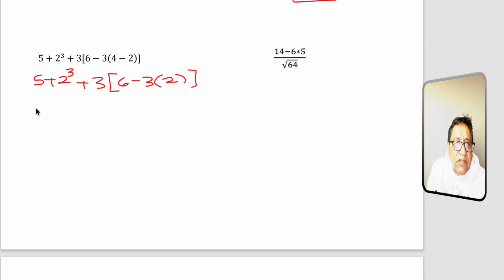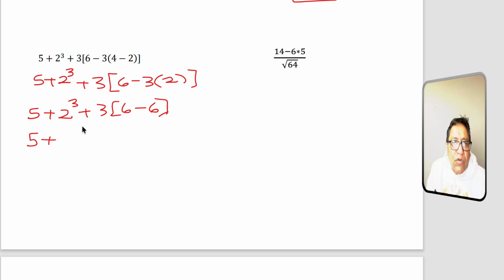And again, we have 5 plus 2 cubed plus 3 times 6 minus 3 times 2, which will be 6 minus 6, which is 0. So now we have 5 plus 2 cubed plus 3 times 0.